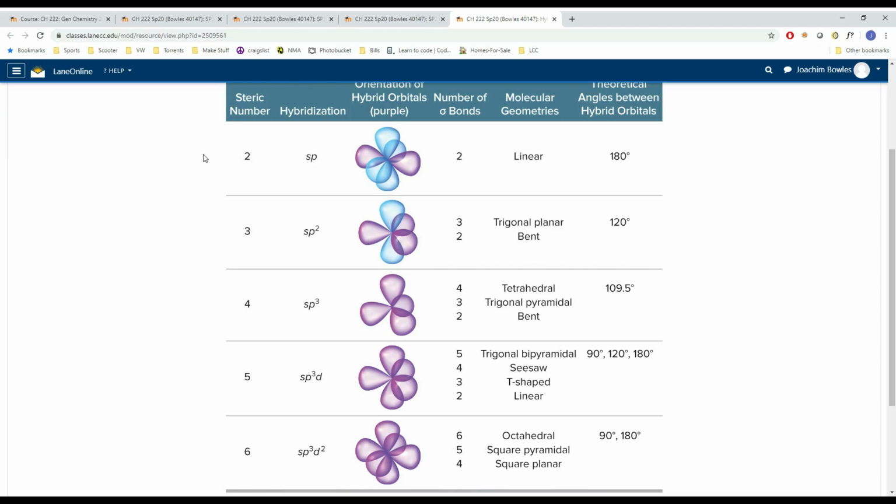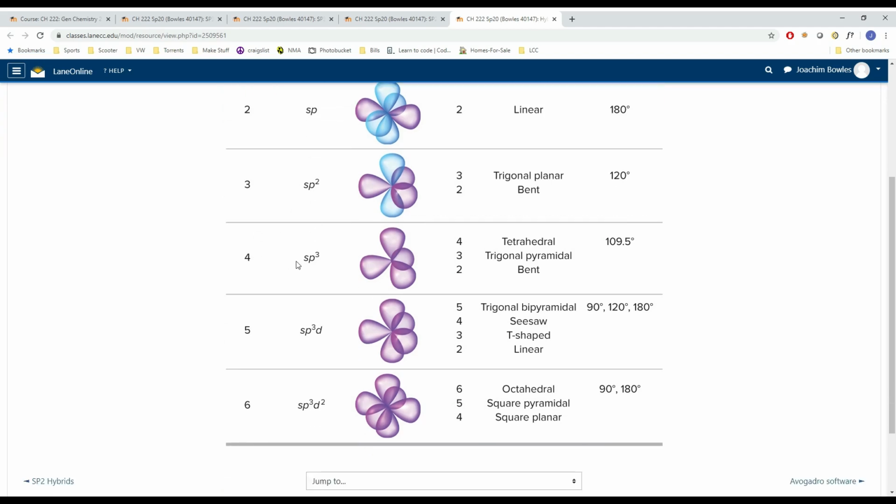You just want to go, what's my electronic geometry? How many electron groups are there? If you have 2 electron groups, and this is where it's great, you just count to 2, basically. You just go sp. That's 2 orbitals. You're done. If it's 3, s, p, p, so we go sp2. That's 3 orbitals. That's your hybridization.